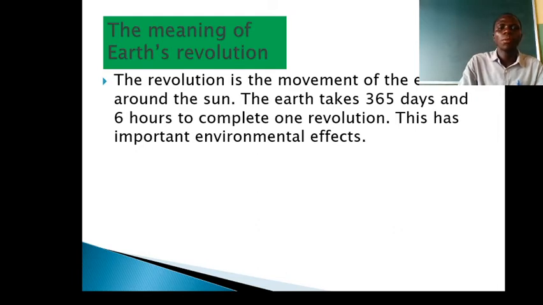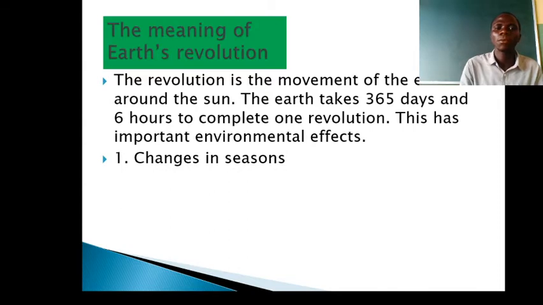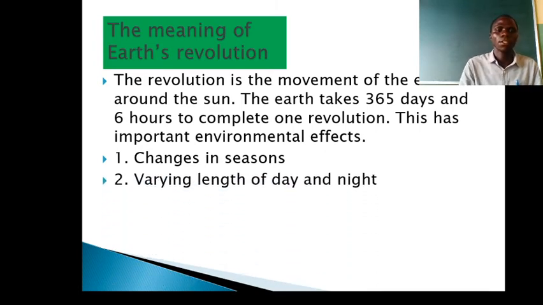This has an important effect on the environment. The Earth takes the whole year to complete one tour around the Sun. And while moving, we experience the effects of this Earth's revolution. The first effect is changes in seasons.